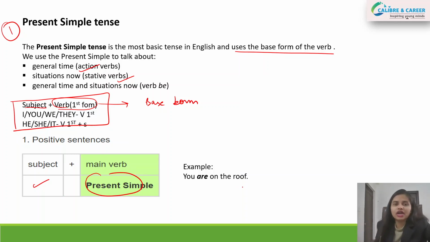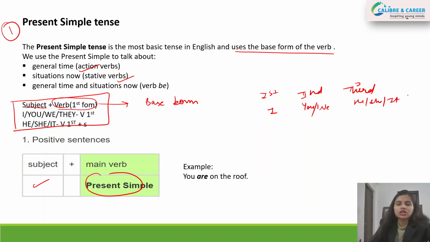Now you should also understand that there are three types of person: first, second and third. In first, what will come? I, we. In second, you. In third, it will be he, she, it. Now understand that when you are given I, you, we, they, you will use the verb first form as it is.